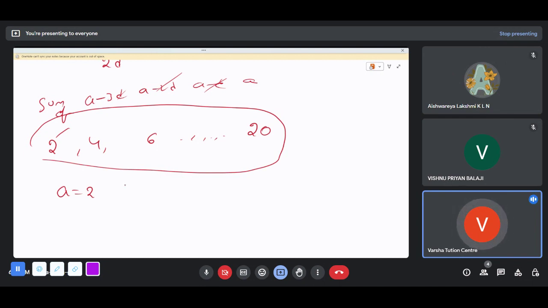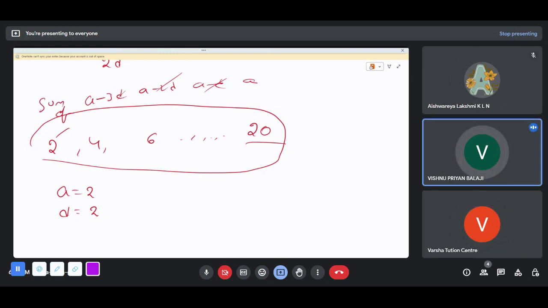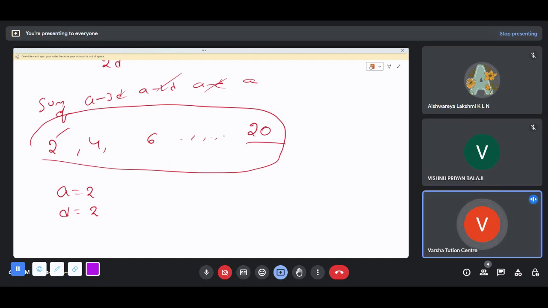What is the D value? Very good, 2. What is this 20? What is that? an. It is the nth term.